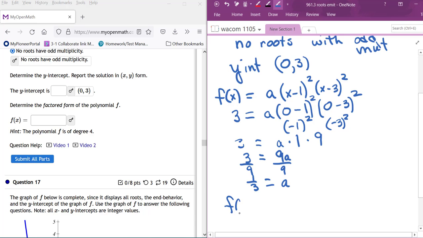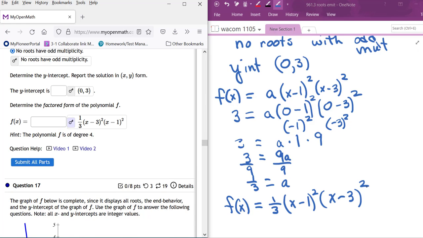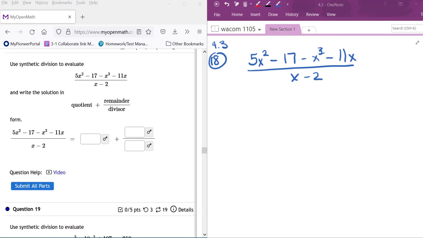So our f of x is going to be 1/3 times x minus 1 squared times x minus 3 squared. You don't have to multiply it out. They should accept this answer. They just switch the order, which is fine because it's all multiplication.